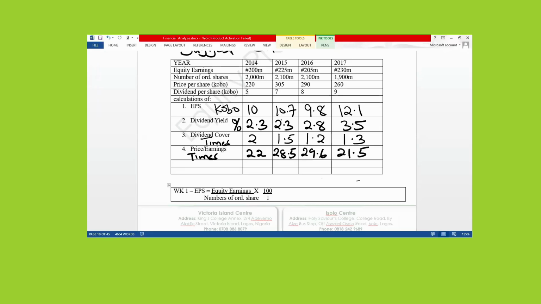That explains why earnings per share increased by 7% in 2015.